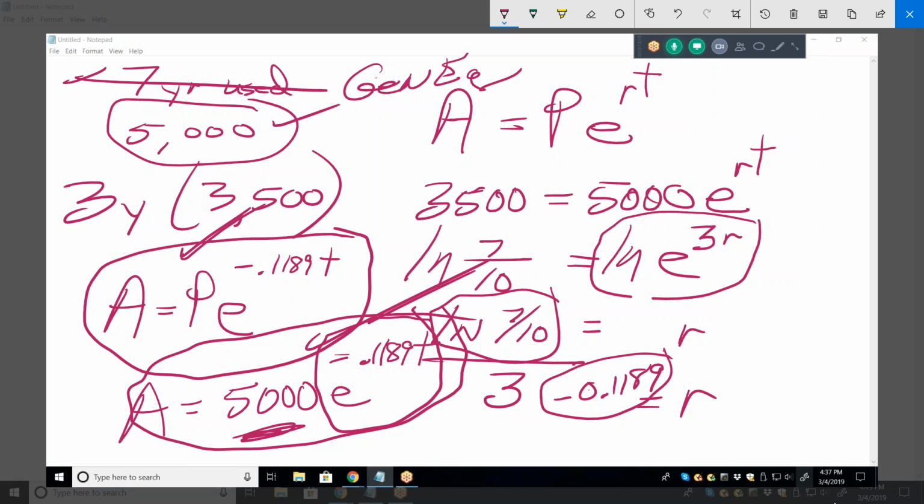No, just the exponent. Notice that negative exponents do not make for negative numbers. Now take e to that negative exponent. 0.49. Multiply that by 5,000. Oh, wait. Whoops.